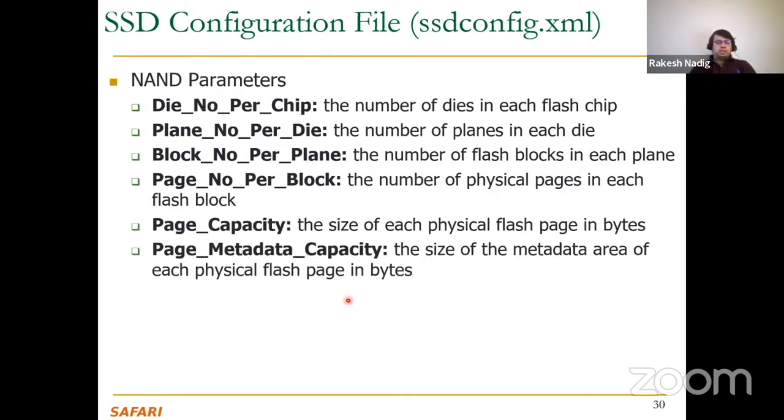What metadata capacity is, is that in every page there is a small area of the page which stores the metadata, like the logical to physical address, the logical address of the page, and also a signature, and many things that are required by the FTL to identify the page. So this is stored in a small area within the page called metadata.